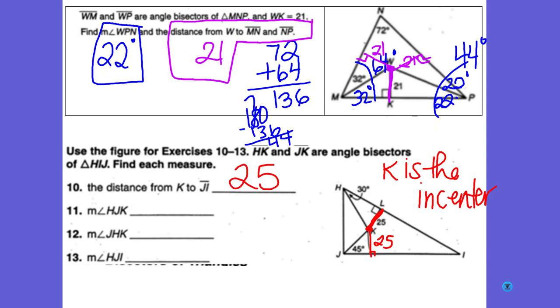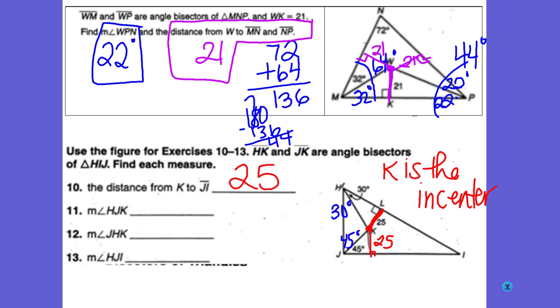And then it tells us that the measure of angle LHK is 30 degrees. If this is an angle bisector, these two angles are going to be congruent to each other. If this angle is 30 degrees, then this angle is also going to be 30 degrees. And if this is an angle bisector, this is 45, then this is also going to be 45 because it's dividing that angle into two congruent angles.